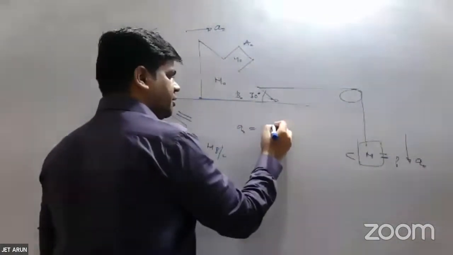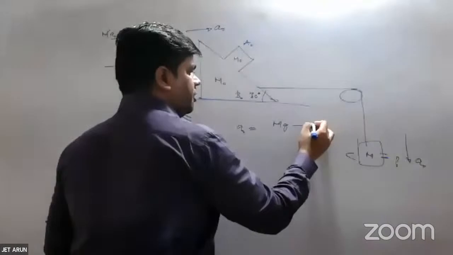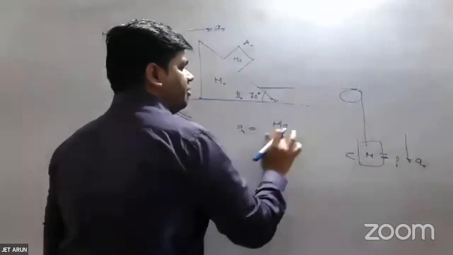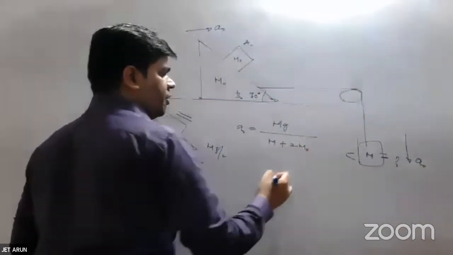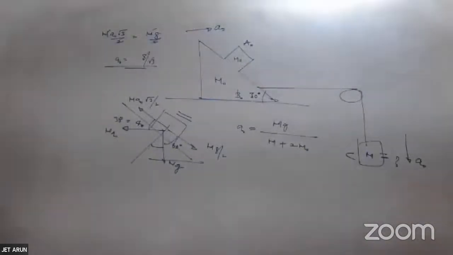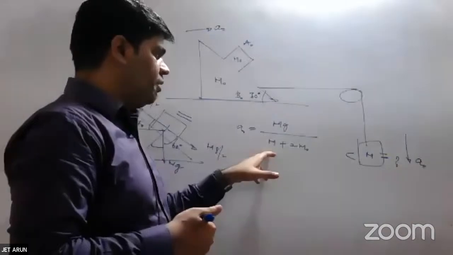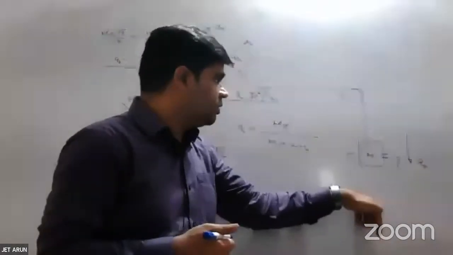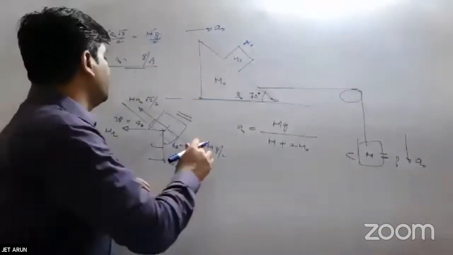Acceleration of the system A naught is equal to mg, the supporting force, minus nothing, since there's no opposing force, divided by the total mass m plus 2m naught. You all agree with this? This equals g by root 3.